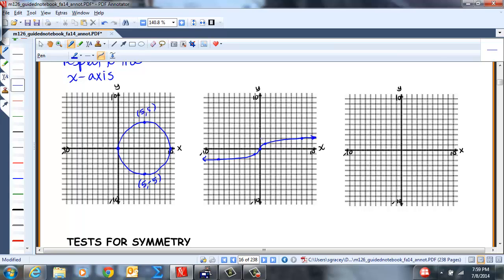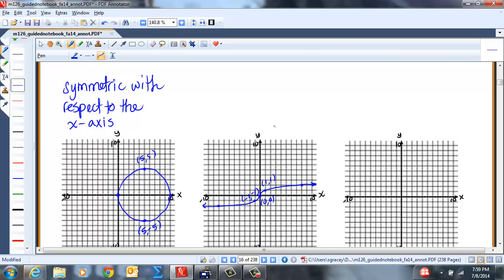So let me label some of these points. This is 1, 1, 0, 0, and this is negative 1, negative 1. So the 0, 0 won't help us too much, but if you look at the fact that the 1, 1 is on the graph, and then the opposite of 1, comma, the opposite of 1 is on the graph. So this guy seems to be symmetric with respect to the origin.